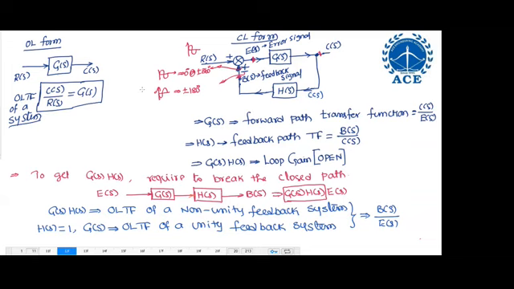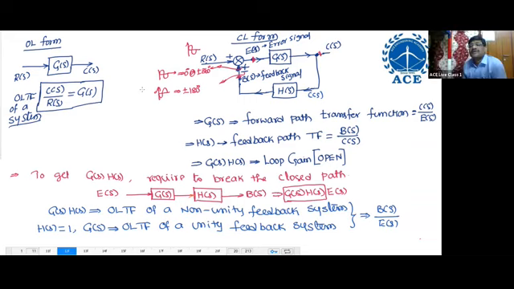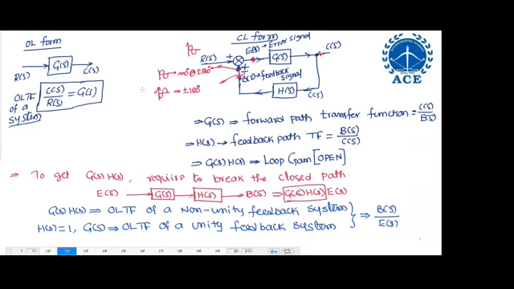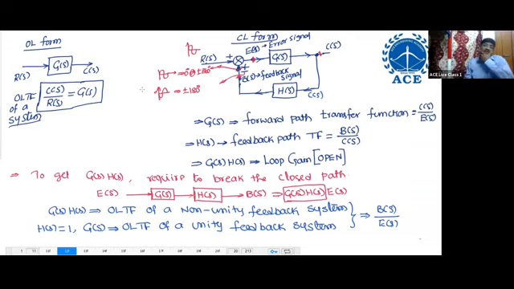Sir, yesterday when you were defining the transfer function, you said the initial conditions should be 0. Yes. And when we were solving networks, initial conditions were given. You should make them 0; only then should we get the transfer function.